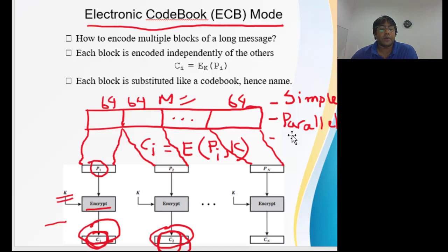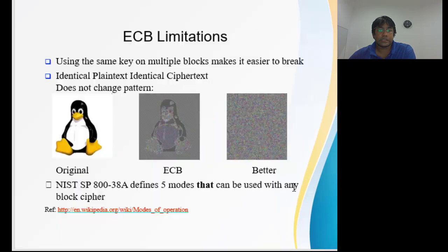If because of C1 the processing of C2 would have some effect, this is what we call error propagation. In this case, error propagation will not happen. So this is another advantage of using ECB mode. But it has several other disadvantages.